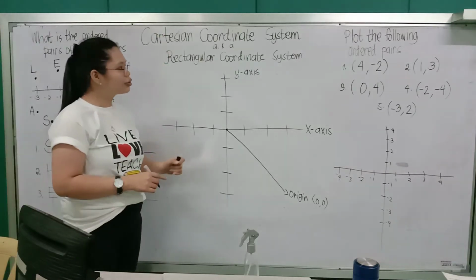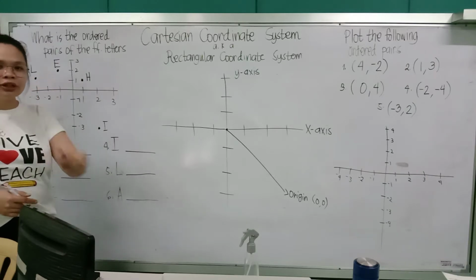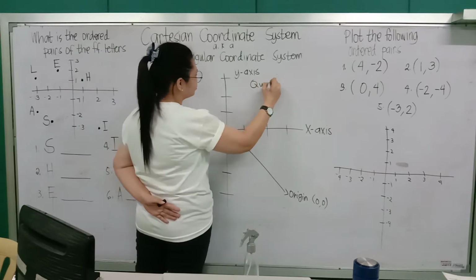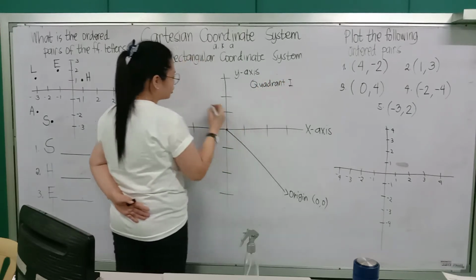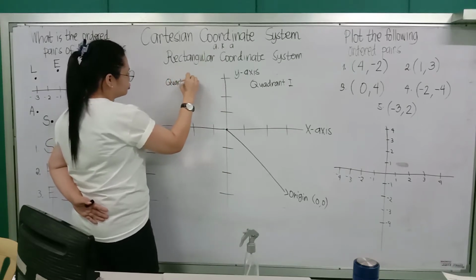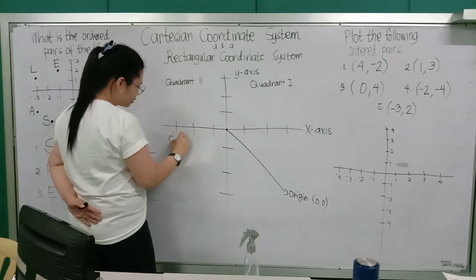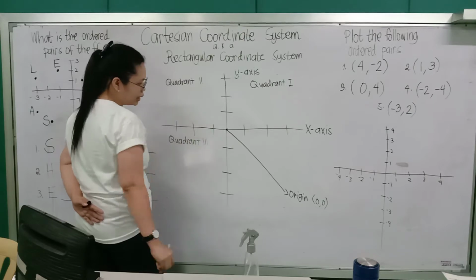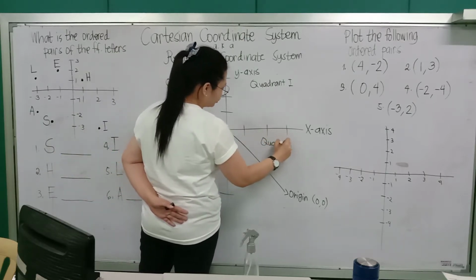The rectangular coordinate system is divided into 4 quadrants, namely quadrant 1, this one is quadrant 2, this one is quadrant 3, and lastly, this is quadrant 4.